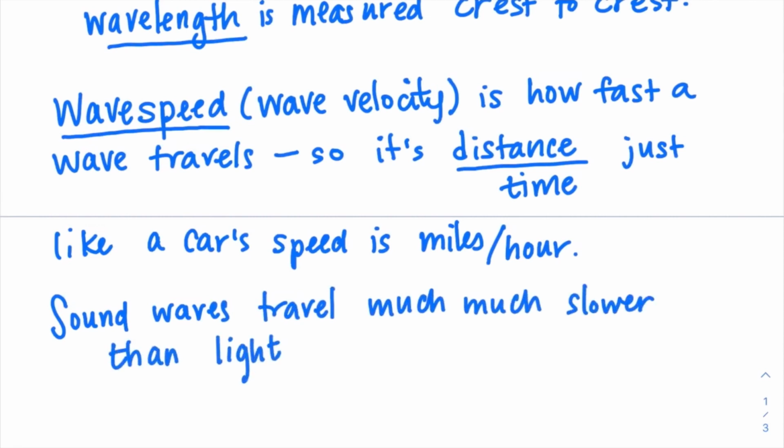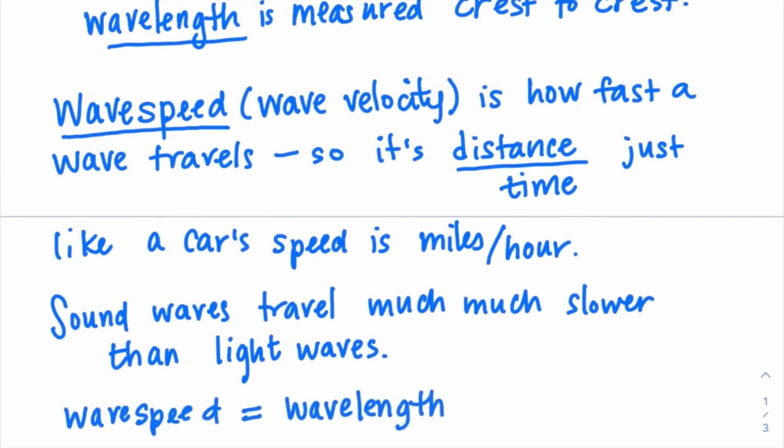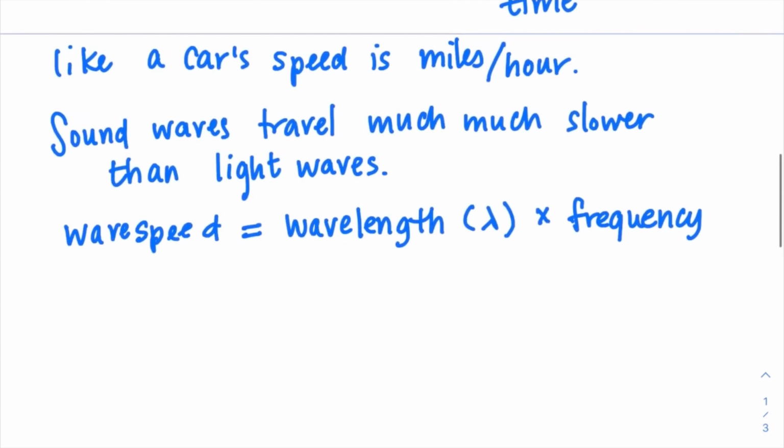Now, sound waves and light waves can both be described as waves, but of course, sound travels much slower than light waves. In fact, it's significantly slower. Now, one thing to remember here is that wave speed is equal to the wavelength multiplied by the frequency.